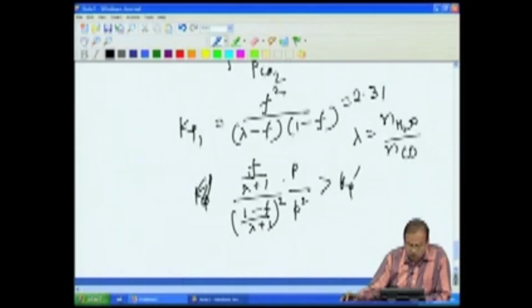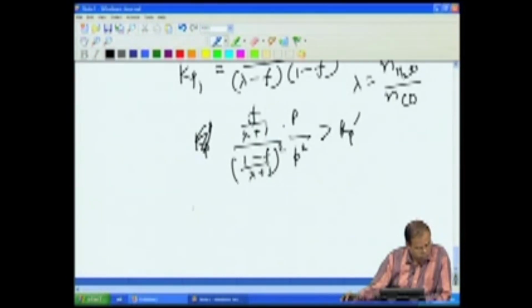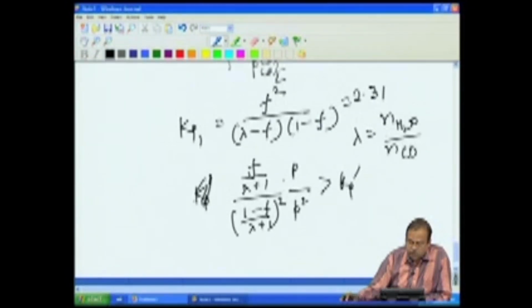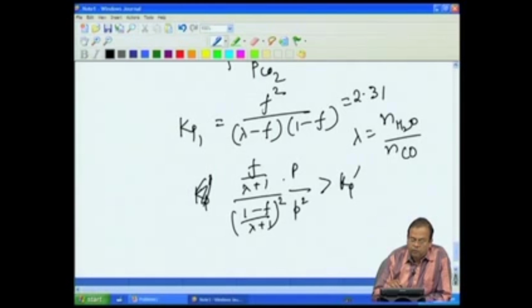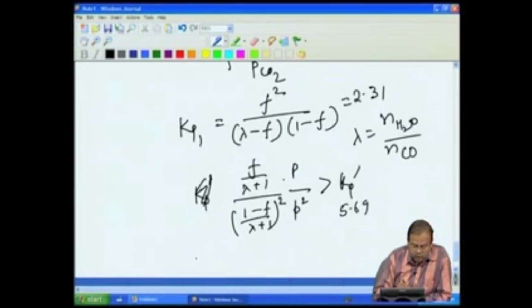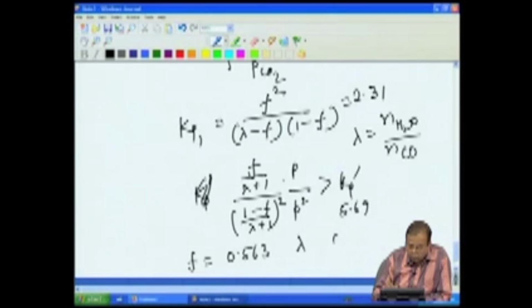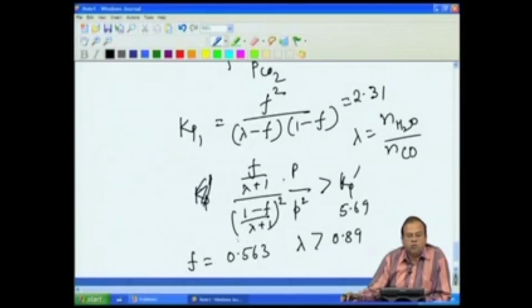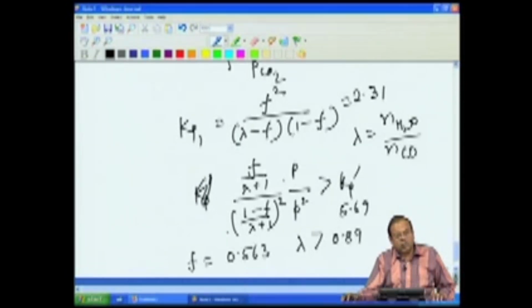So, if I now solve these two, that is, I know one relationship between F and lambda, I know another relationship, this value is given as 5.69. So, first I can solve it using equal to, and then if I do that I get F equal to 0.563 and lambda equal to 0.89. So, if my lambda is greater, that means initial moles of water to carbon monoxide is greater than 0.89, I will not have this reaction or carbon deposition will not take place.